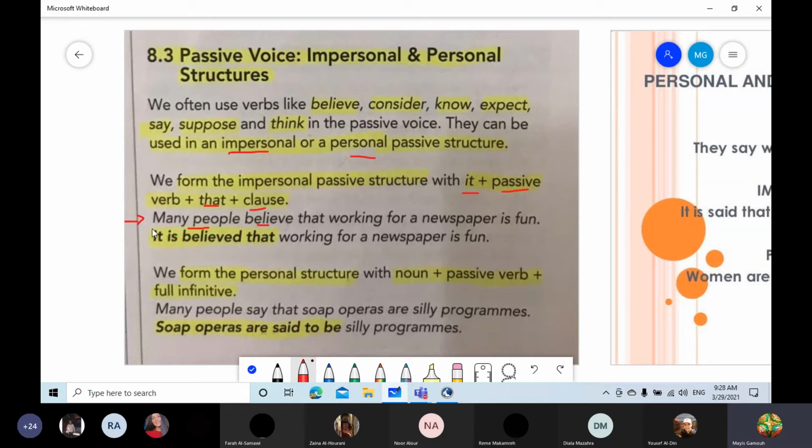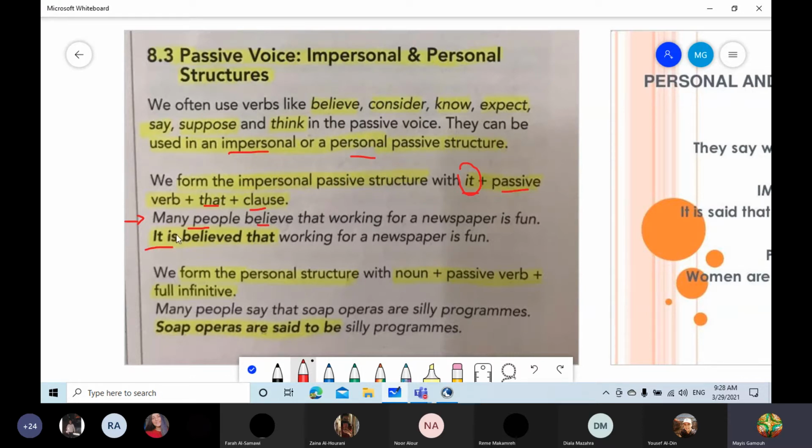Let's change this active sentence into an impersonal passive sentence. Here, because I do not have an object, I will put it as the impersonal construction at the beginning, and then I will insert the passive verb, which is our verb to be, and the third form of the verb. And here I used is because my active verb was in the simple present tense.